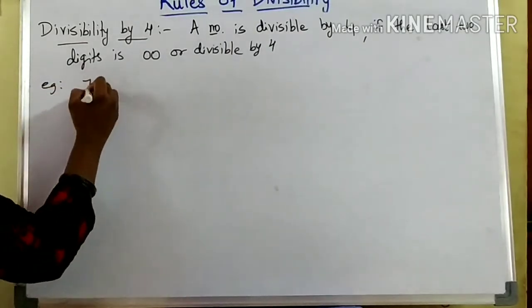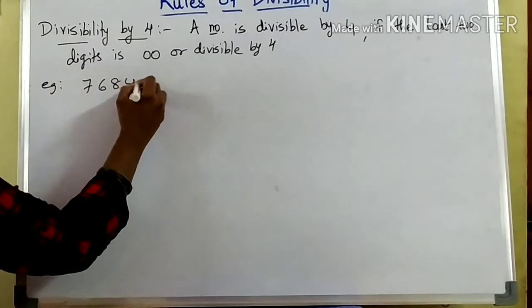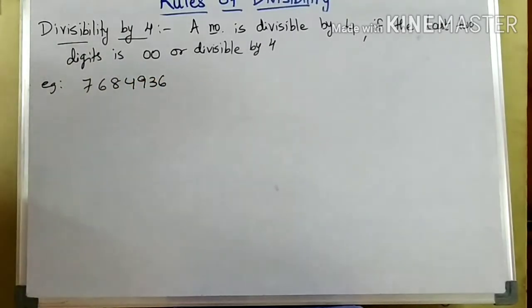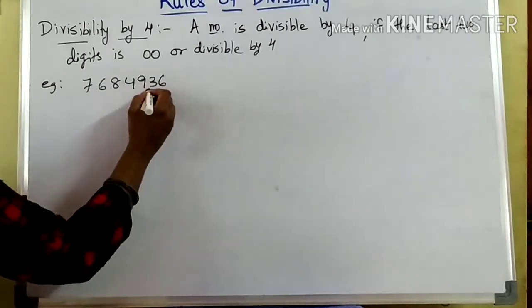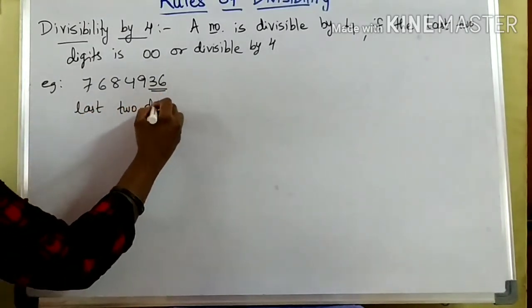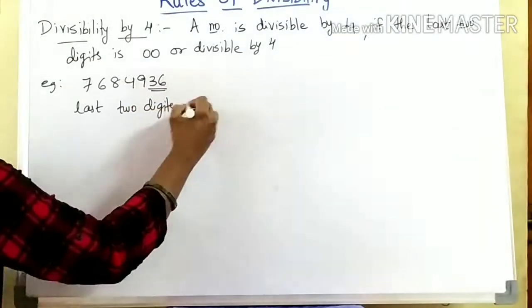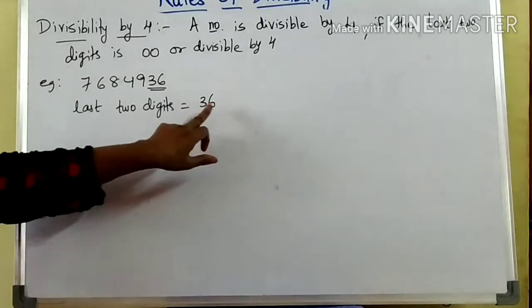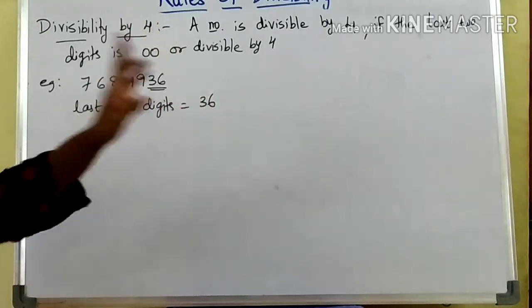Example: 7 6 8 4 9 3 6. Now if you see, what are the last two digits here? Last two digits are nothing but 36. We should check whether the last two digits are divisible by 4 or not.